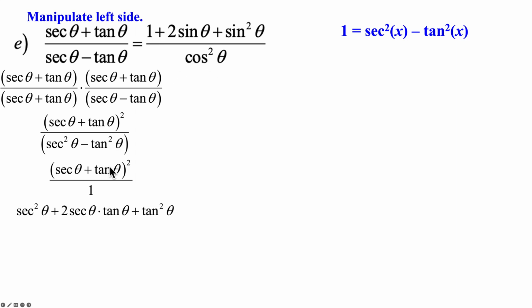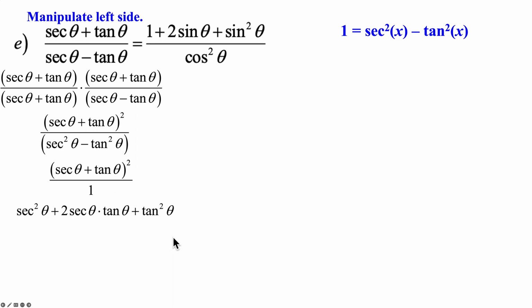But I forgot. We've got to turn these into sines and cosines. So I'm going to FOIL this out. Secant theta times itself is secant squared theta. Secant theta times a tangent theta, then the tangent theta times a secant theta gives me 2 of those. And then tangent theta times tangent theta will give me a tangent squared theta.